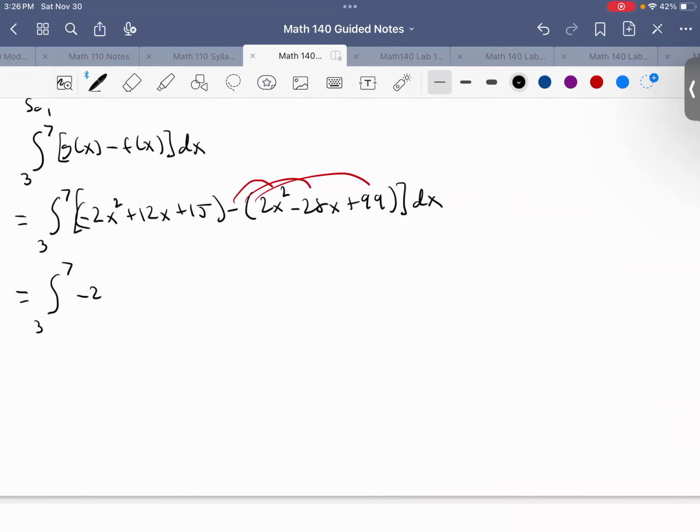So if we combine like terms, we end up with negative 4x squared plus 40x minus 84 dx. And if we integrate this, it becomes negative 4x cubed over 3 plus 40x squared over 2 minus 84x, going from 3 to 7.